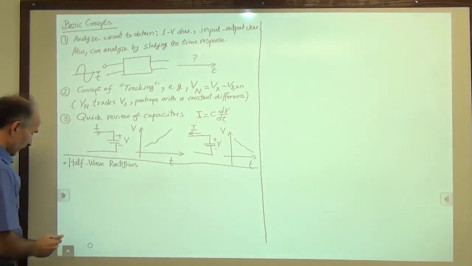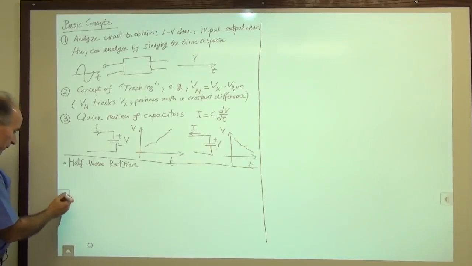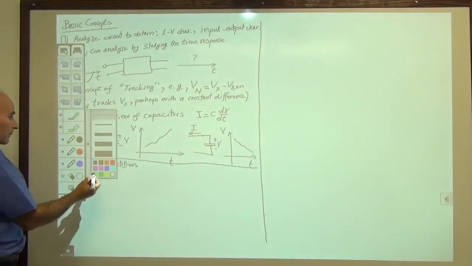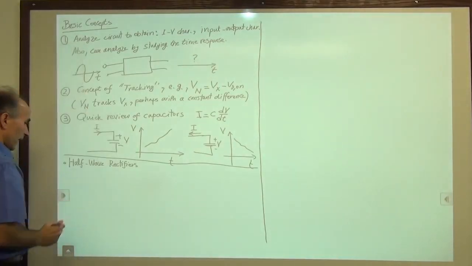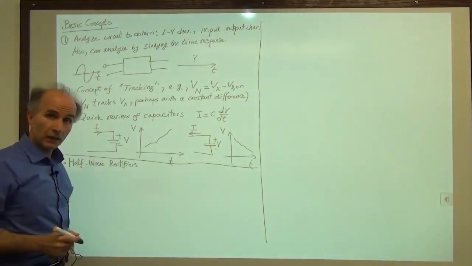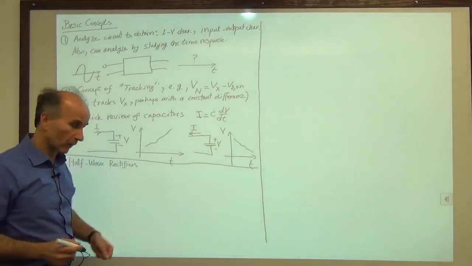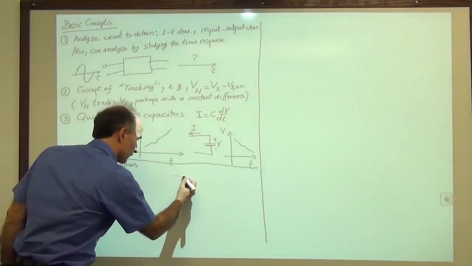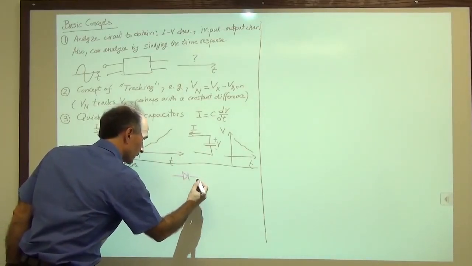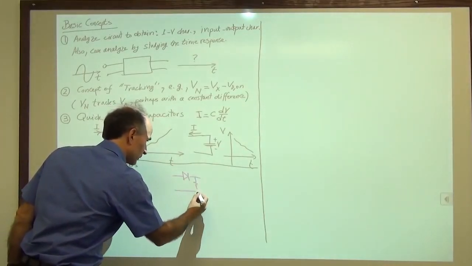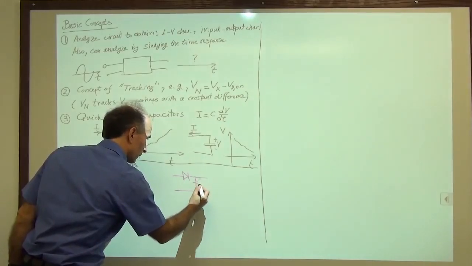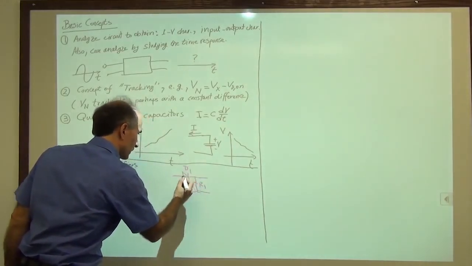Okay, well, the half-wave rectifier, if I change the color of my pen, is actually something that we have seen in one form or another before, and it's just this. We have a diode, we have a resistor, R1, D1.